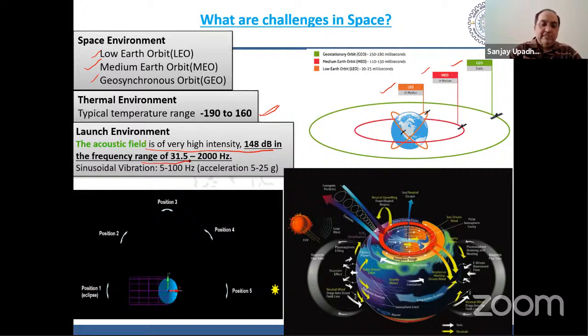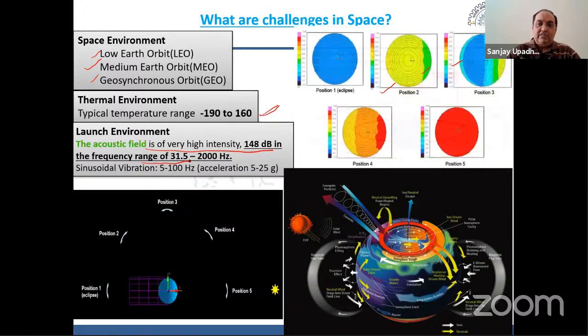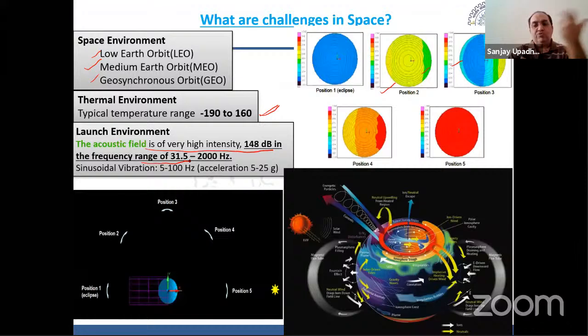So if you see here the temperature, when we launch the space shuttle in the orbit, sometimes it is directly exposed to the sun, and sometimes it is on the backside of the sun, because it is completely rotating. If we consider this is the sunlight, then in position 1 it is in eclipse, completely opposite to the sun, there is no sunlight. At that time you are in complete eclipse in position number 1.